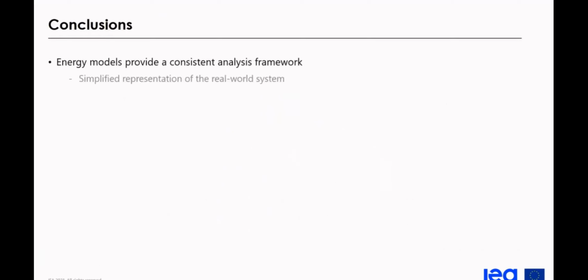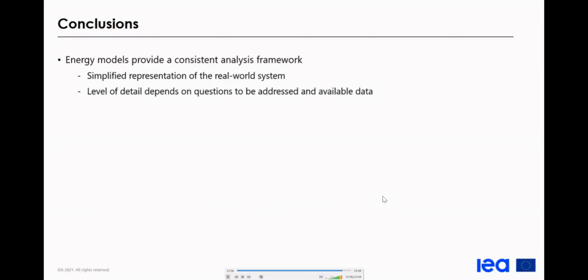To conclude, energy models are a framework which enable analysis, but it is a simplified representation of the real world. And the level of detail, the level of accuracy of the model will depend on what question we want to answer and what data are available.